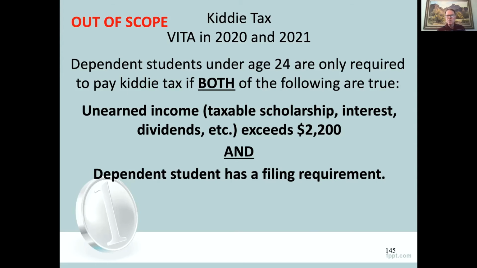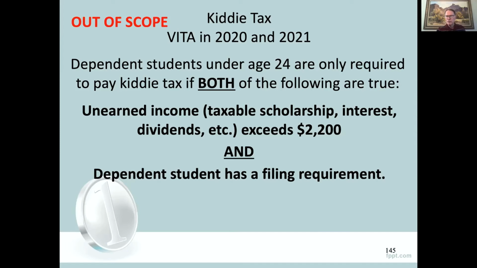Then the second mistake was her earned income was also greater than, at that time, I think it was $12,200, for the filing requirement. So she was Kiddie Tax, but she had been there that morning from the time she signed in all the way through until she got to me at quality review. And I told her, I'm sorry, you're out of scope. You've been here for 3 hours and we can't do your return. This needs to be checked up front.